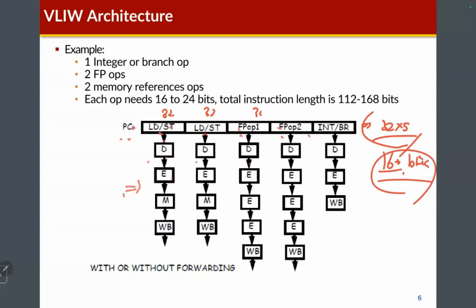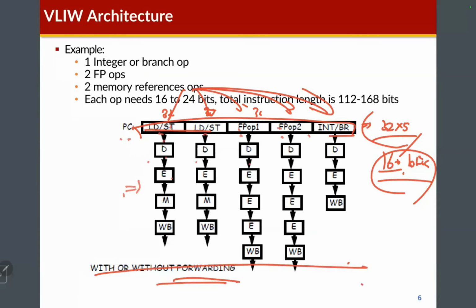This 160 bits is the size of one instruction group, which includes multiple instructions, and the compiler assigns the different instructions here. The hardware may not support data forwarding in this architecture. The hardware is very simple, and the compiler needs to analyze instructions and assign them to each slot. This is the VLIW.